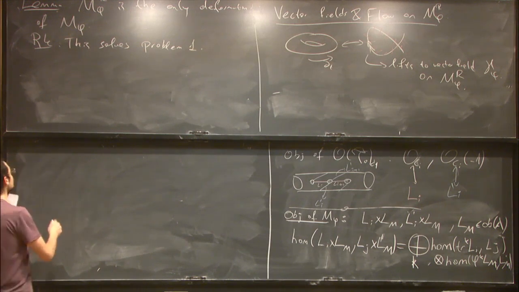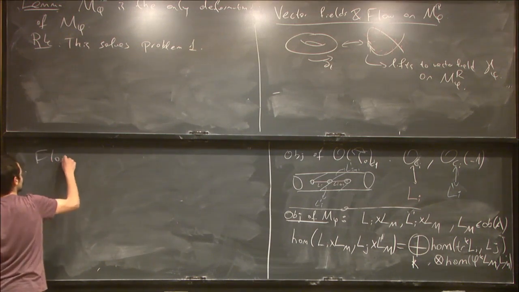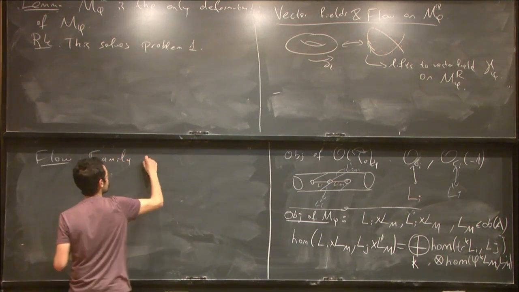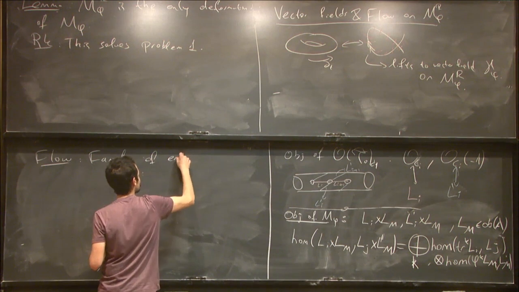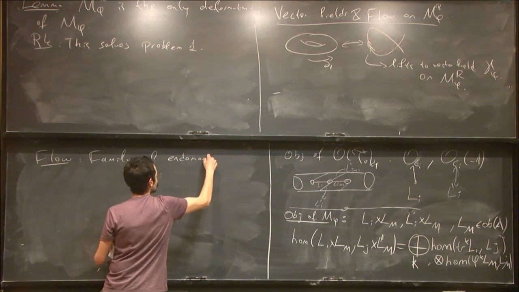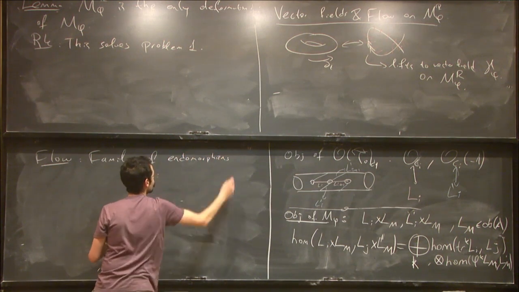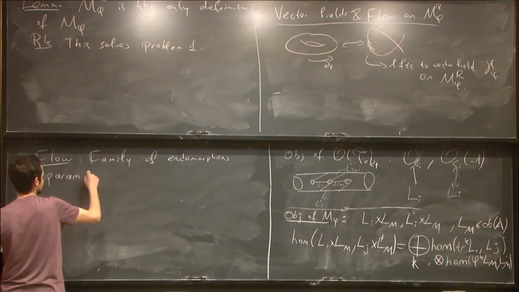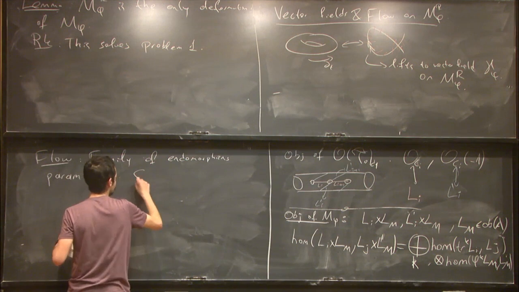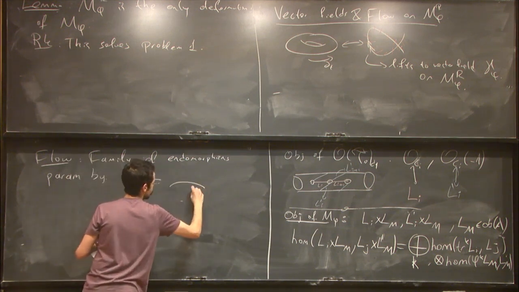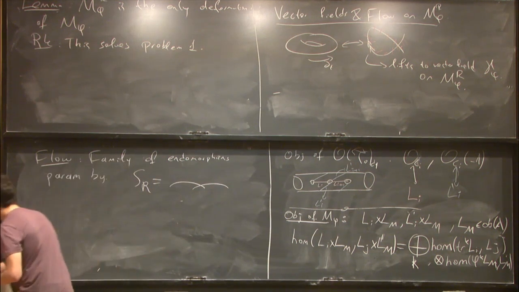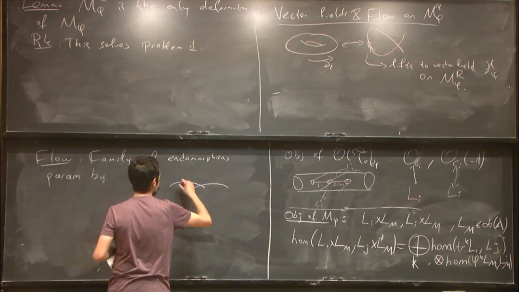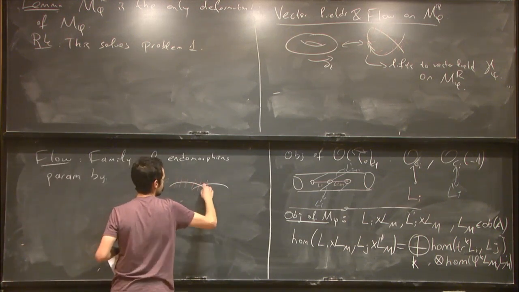And normally the flow is a family of endomorphisms parameterized by an interval. Here I will replace the interval by something else, by what I denote by SR. SR can be seen as a neighborhood of the nodal affine curve. So these two white curves is the nodal plane curve, ut equals 0.